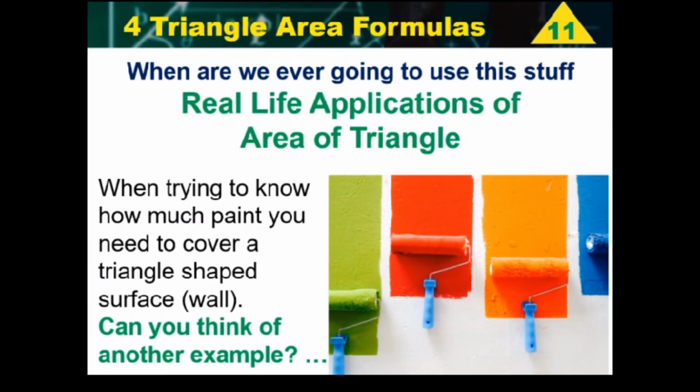Because what if it is too large, or what if it is too small and you don't want to just buy a container of paint that costs too much? So you use the area to find out how much square footage you need and get that container instead of a big one, unless you have a big wall, obviously.